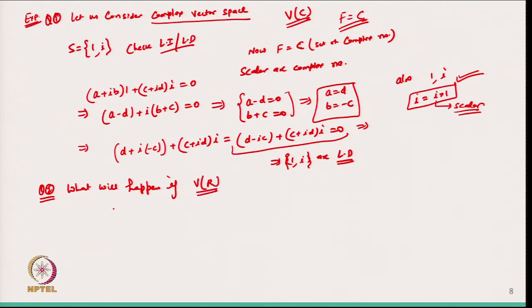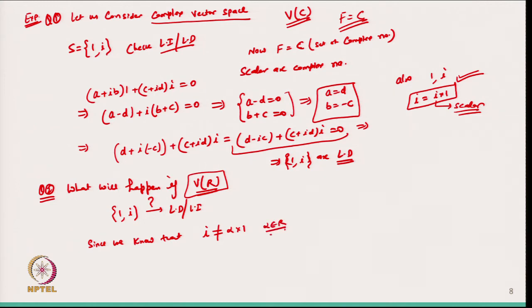It means I have the set 1 and i, and I want to check whether it is LD or LI. So, this one I want to check, but now I am taking this vector space, the vector space of real numbers. So, the scalar is coming from here. Now, we know that i cannot be written as some alpha into 1, where alpha belongs to the real numbers.